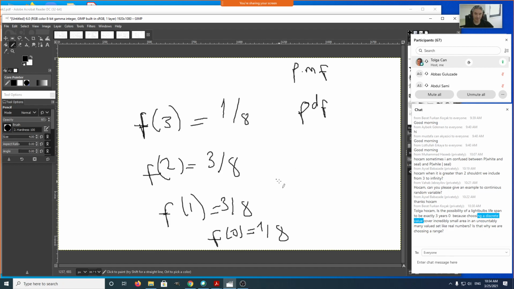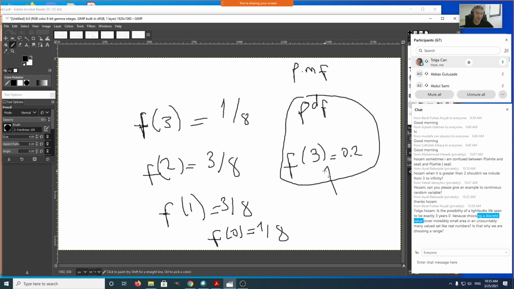In the light bulb example, f3 may be 0.2. This doesn't mean that the probability of the lifetime of a light bulb being 3 is 0.2. The probability density function will not show us the probability. So this is like a heads up warning beforehand.